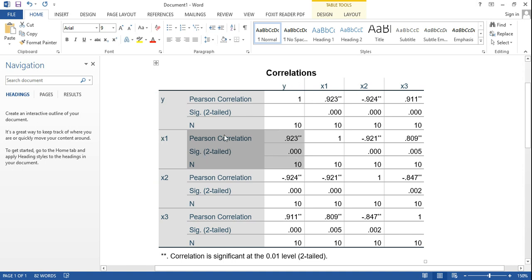Here we see the Pearson correlation 0.923, which is very close to +1. It indicates y and x1 are sharing a strong positive correlation with each other. On the other hand, we can say if y increases 100, x1 will increase by 92.3.